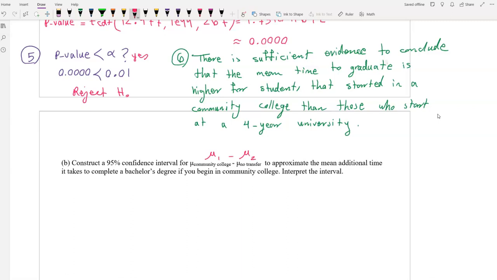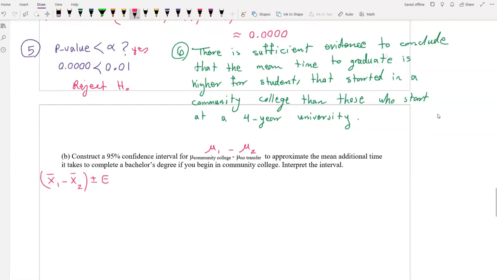So instead of writing that, I'm going to write 1 and 2. We have to find x bar 1 minus x bar 2, find the difference first, and then add and subtract E, the margin of error. So this is what we need.